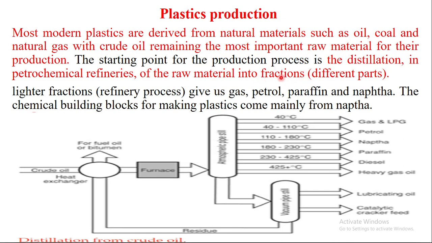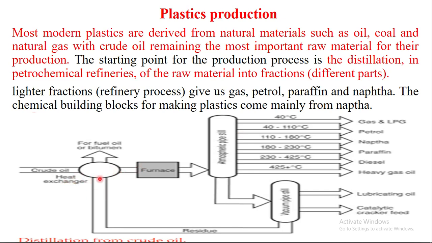The light fractions from the refining process give us gas, petrol, paraffin, and naphtha. The chemical building blocks for making plastic come mainly from naphtha. Many plastic materials are made from naphtha. How they are produced, we will see here.